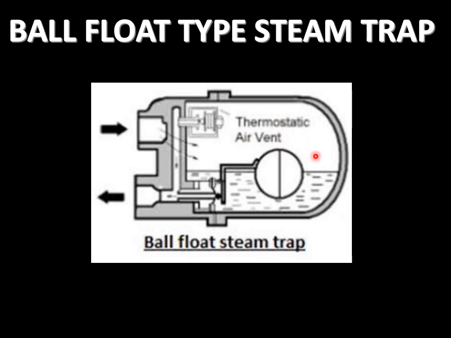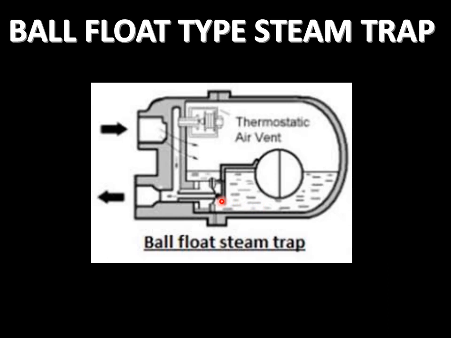Gradually, after losing some amount of heat, it begins to condense. When more and more steam gets condensed, the level of steam condensate goes on increasing. This lifts the float from its lowermost position, and gradually the mechanism gets activated and opens the steam condensate discharge port.